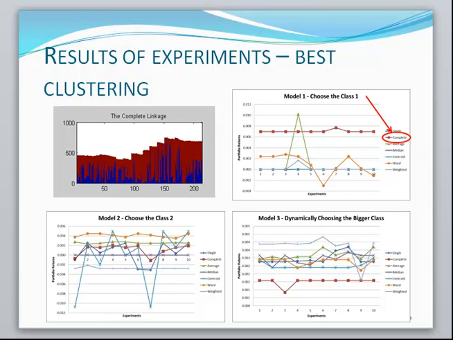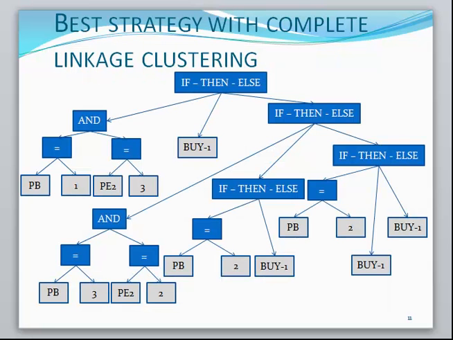At the 7th experiment, the portfolio return reached about 0.8 per month. This is the strategy generated by GP that produces the best portfolio return with the complete linkage clustering we showed in the last slides.